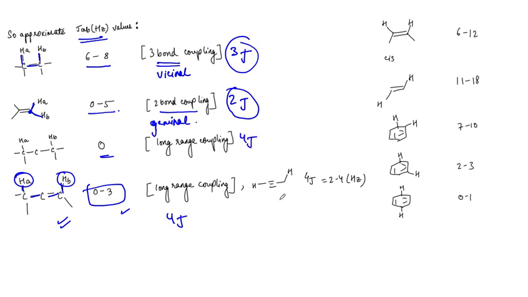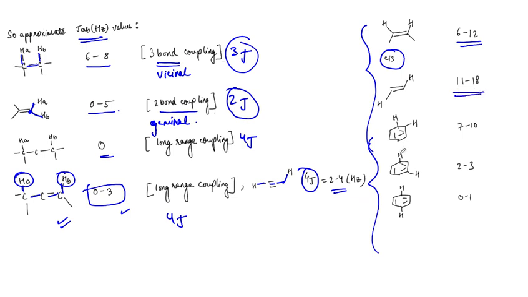Again we have the alkyne bond also, which is again 4J, and for the alkyne system these protons are 2 to 4 hertz. Now these are some very important coupling constant values that I've already told you. The cis one is 6 to 12, and trans is 11 to 18.